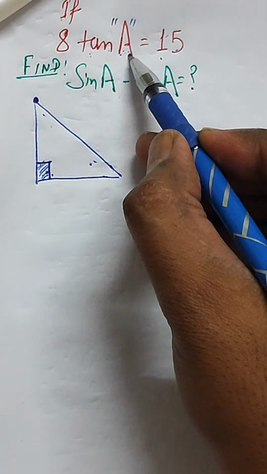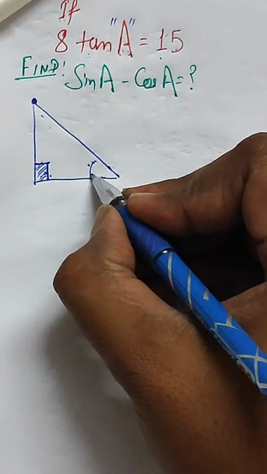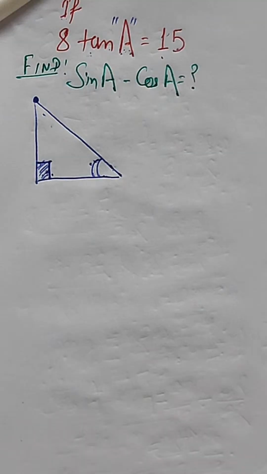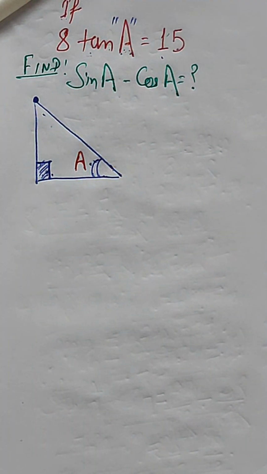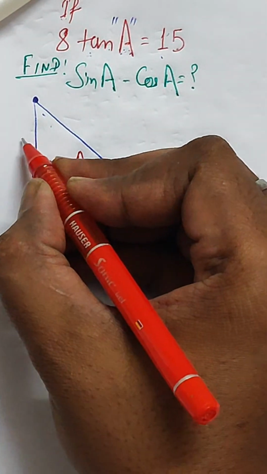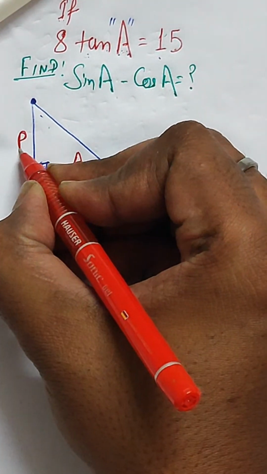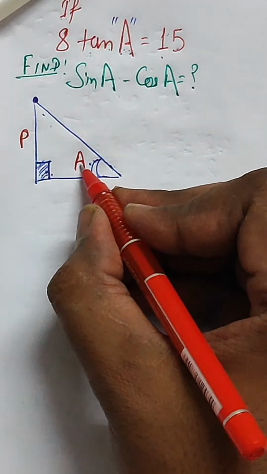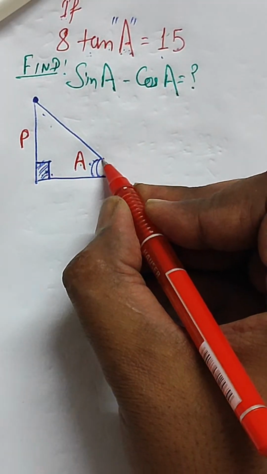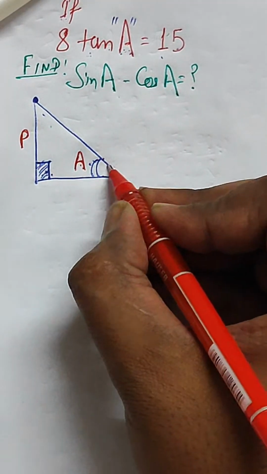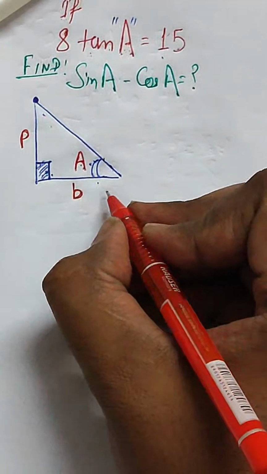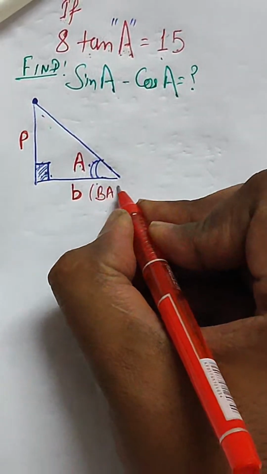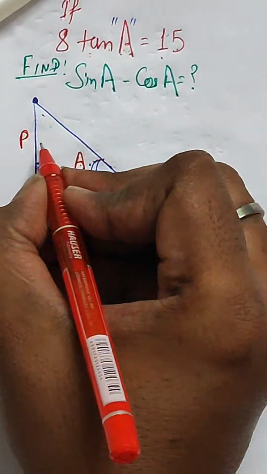Here A is the angle, so this is angle A. If this is angle A, then the opposite to it is the perpendicular P, and this angle A is made between the hypotenuse and the base. So this will be the base.